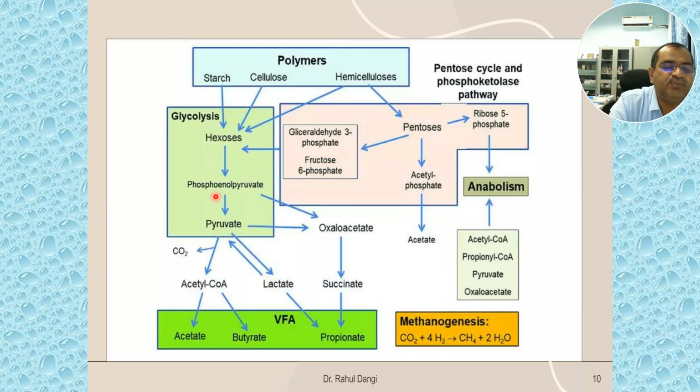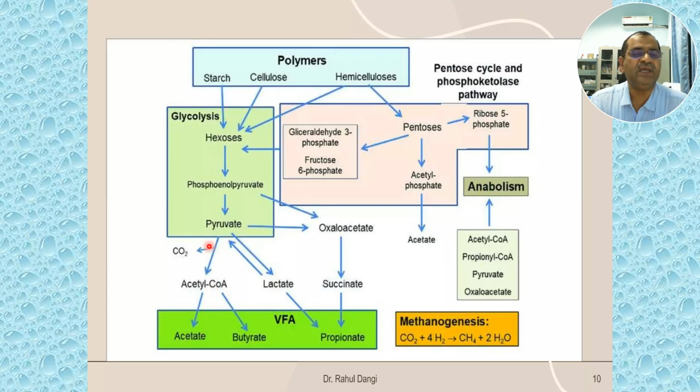Then this phosphoenol pyruvate is converted to pyruvate, one of the ingredients very much required for several biochemical reactions in the body. Then one carbon dioxide moiety is emitted out. Then this is converted to acetyl coenzyme A, then to acetate, a volatile fatty acid. Later we will see how these volatile fatty acids contribute to the carbohydrate requirement of the animal.